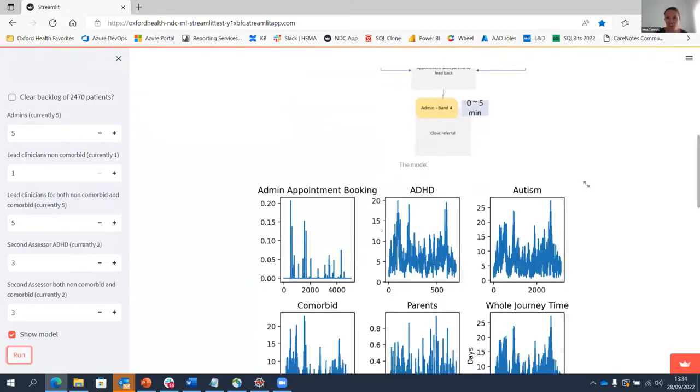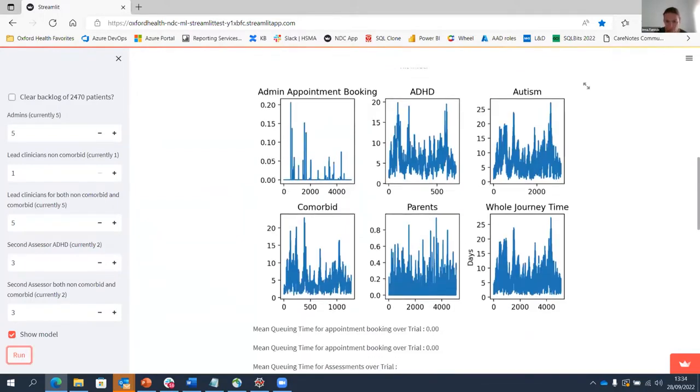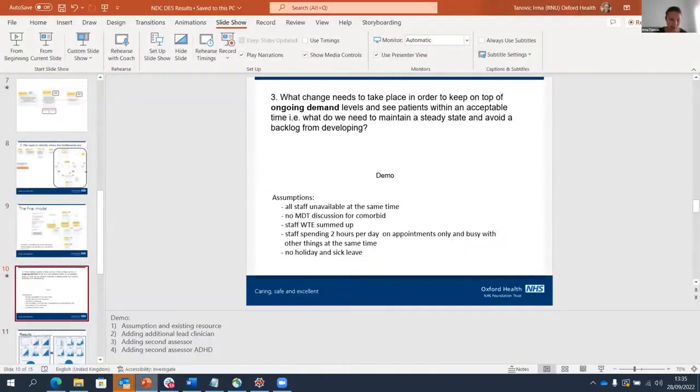This is now down as well. So even though they were managing the demand, even with that previous resource with 3 second assessors both, the ADHD waiting time was still high. Now they're all very low. So this is what is shown by managing the existing demand. There's obviously still the backlog.